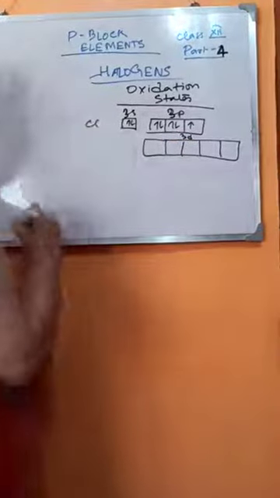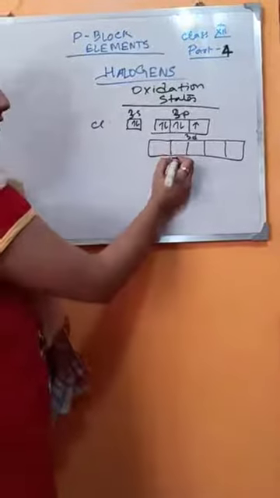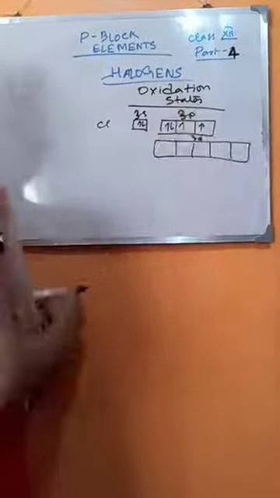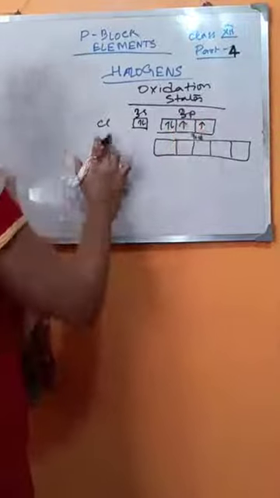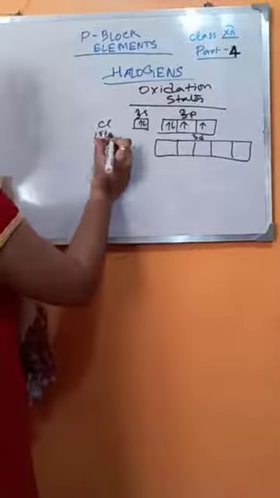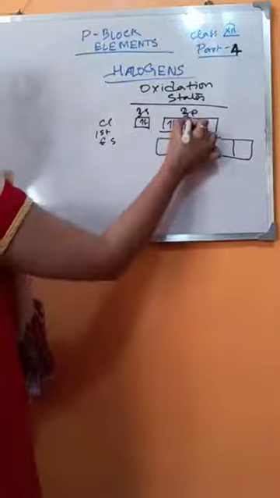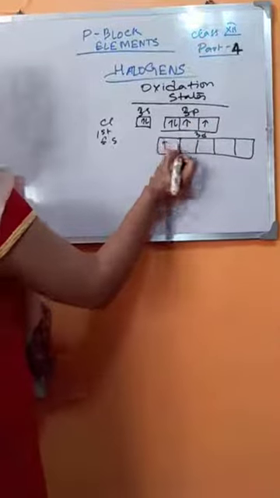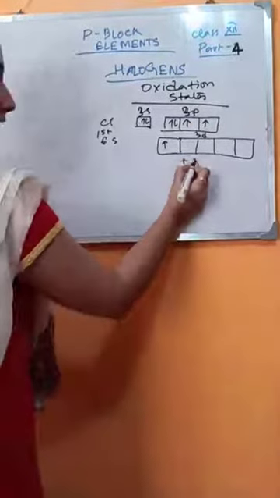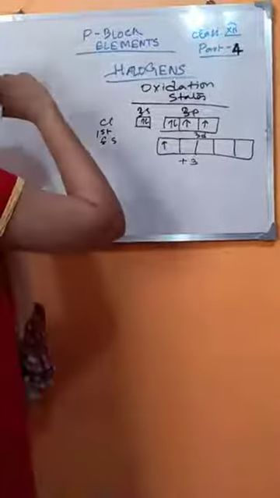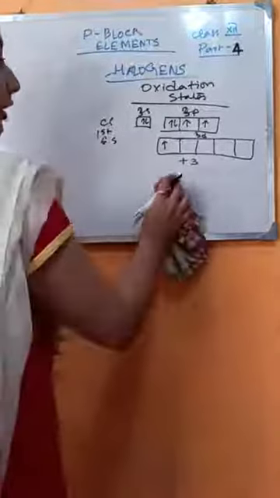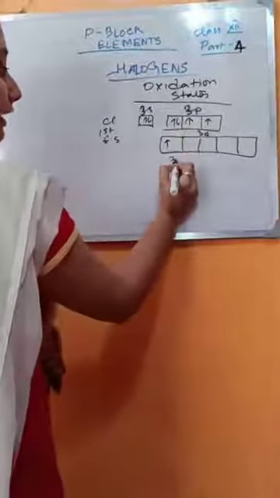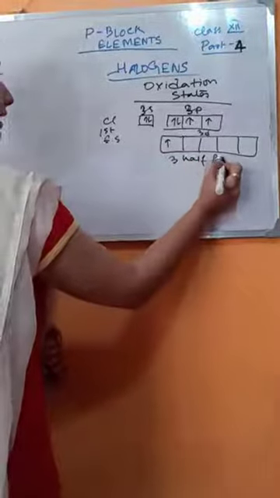But in case of chlorine, there is an energetically accessible vacant d orbital, so it can go to the first excited state. In the first excited state, it will transfer one electron to the higher energy d orbital, having a +3 oxidation state, because there are 3 half-filled orbitals.